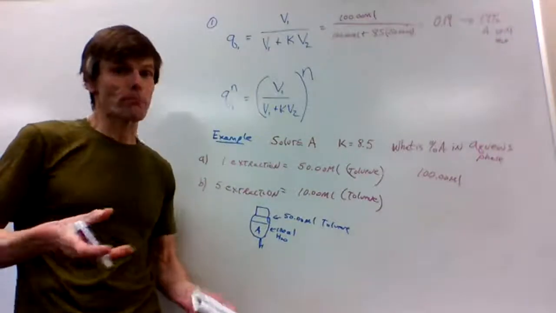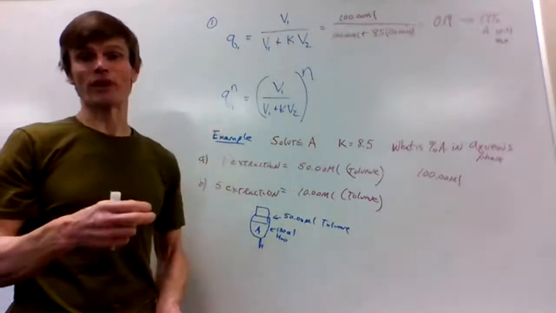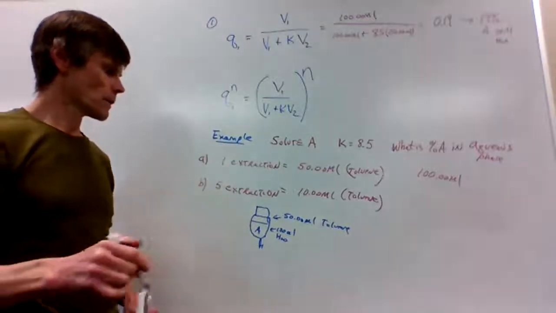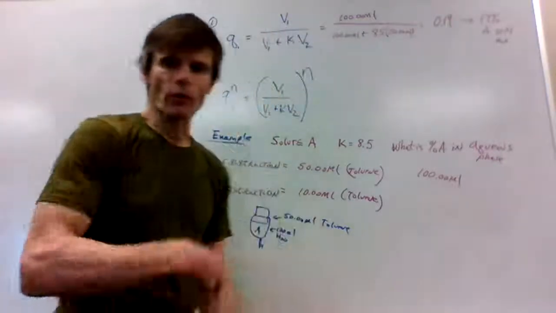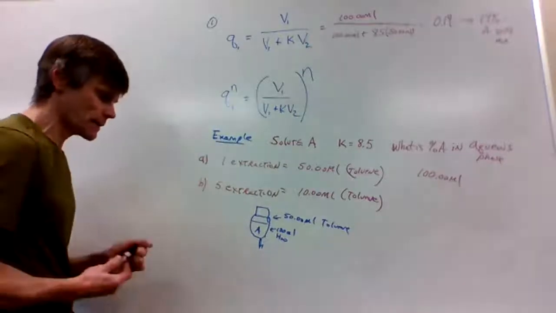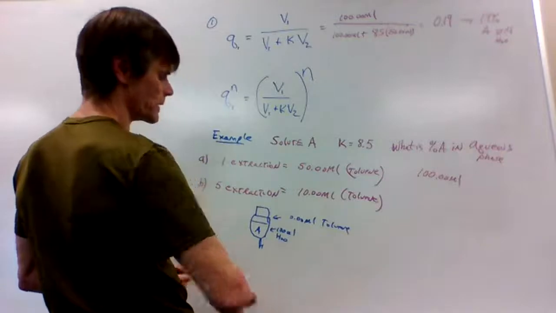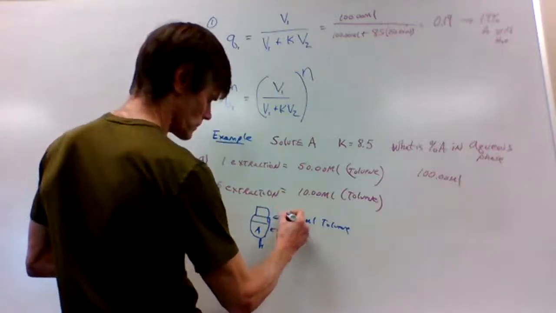Okay, let's show that it's better to do 5 small extractions. In other words, we're going to go through this experiment again, and we're going to use 10 milliliters of toluene.